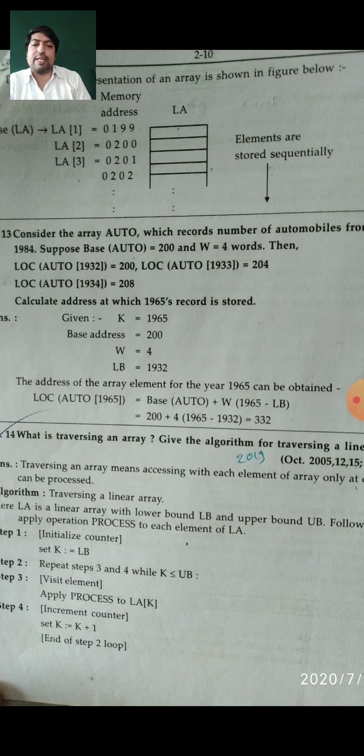From the given example, we have understood the concept of the memory location where we can store the array elements and get the record of a particular stored value. For example, calculate the address at which the 1965 record is stored was the question given in your textbook.